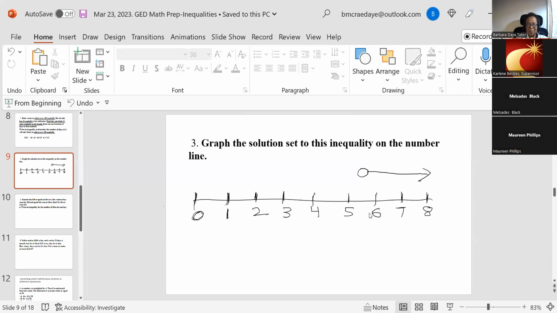That's how you'd graph the solution. I would say it's between 5 and 6, at 5.5, and it's got to be greater than 5.5. So greater is going from left to right. Got it? Okay. So that is really what it's asking us to do. Graph the solution set to this inequality on the number line.